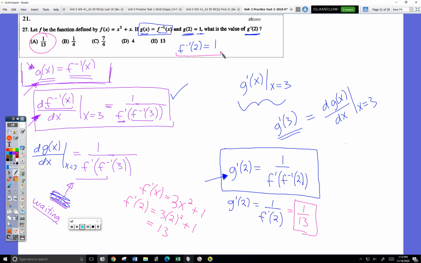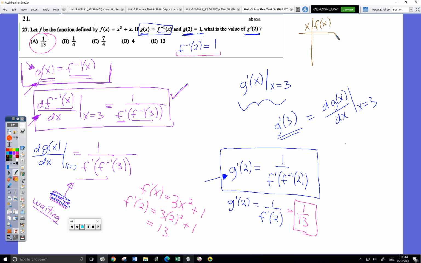I think what you're mixing up is the following. We've seen problems that use this formula, and the problem was laid out differently, and you had to remember a concept: if you have values of f, and here we don't have any values of f, so I'm going to make some up.